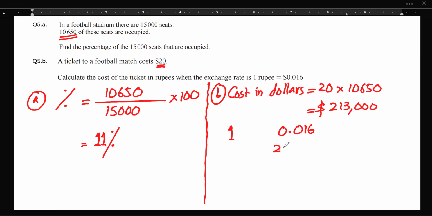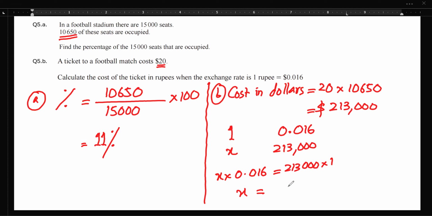So 213,000 will give you the cost in rupees. It's going to be x times 0.016 equals 213,000 times 1.